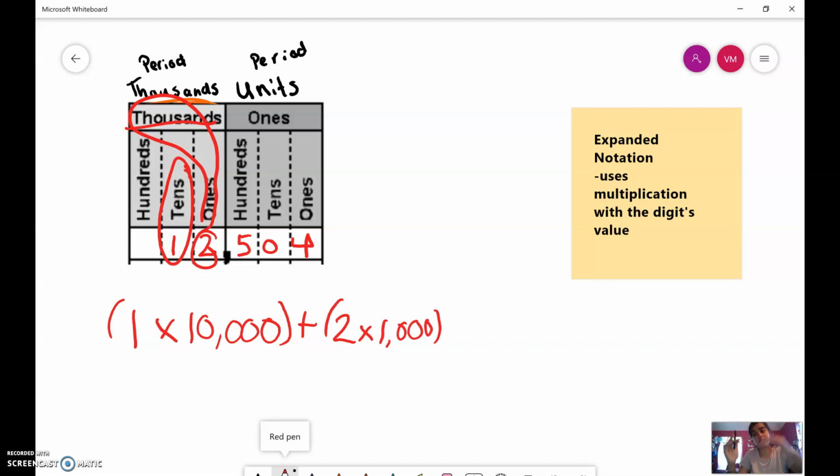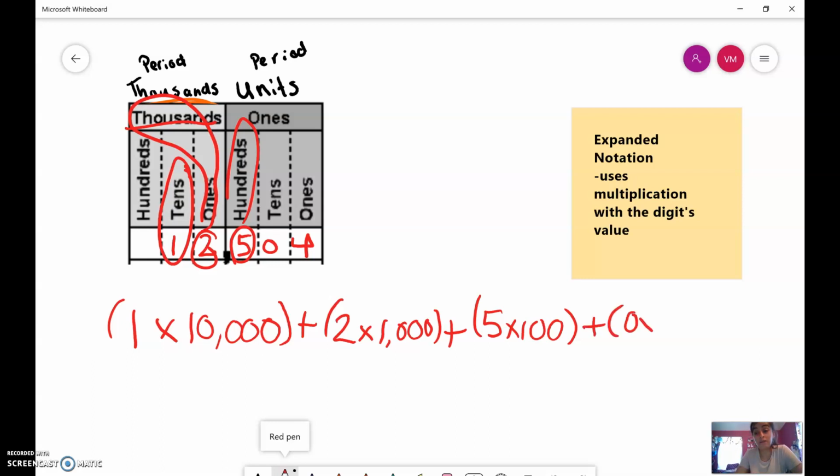Parentheses, especially when you go to the upper grades, you're going to see a lot of those. Now I'm going to add the units period. So I have 5 of the hundreds, and that's the part that we love. So 5 times 100, put parentheses because that's the order of operations. Then 0 tens. Every time you multiply times 0, you don't have to put it, but some people like to put it because it makes them happy.